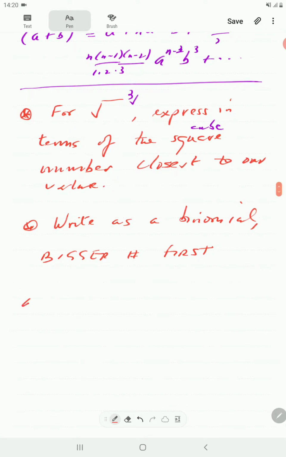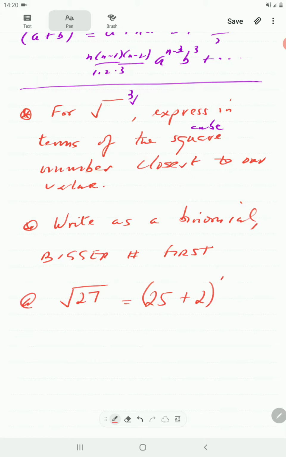Okay, so in number one, we want an estimate of the square root of 27. So we're going to look for a square number in the neighborhood of 27, and that is going to be 25. So 27 we can write as 25 plus 2.